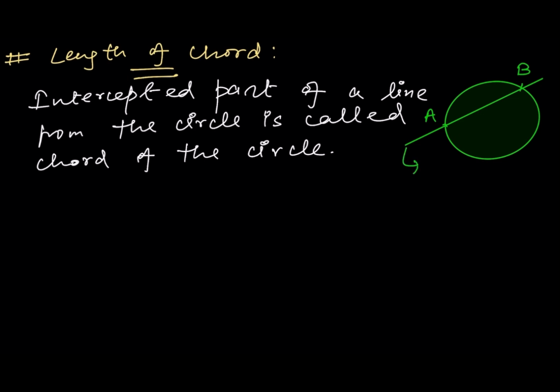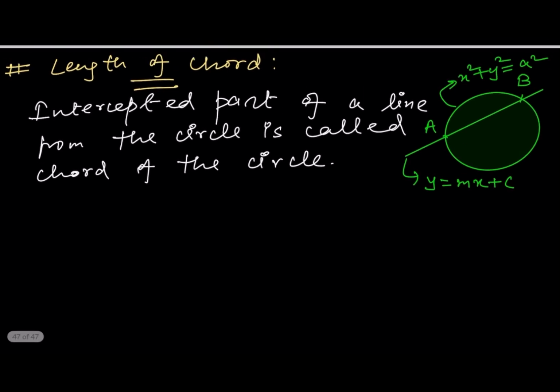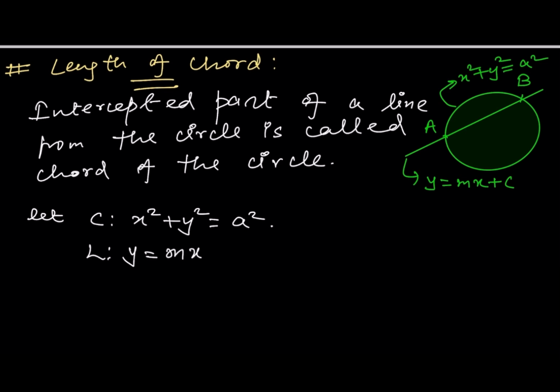Let's say this line is y is equal to mx plus c, and this circle is x square plus y square is equal to a square, right? And this AB becomes the intercepted part, or chord, you can say. So we have to find this length AB. For this, let the circle be x square plus y square is equal to a square, and the line be y is equal to mx plus c.